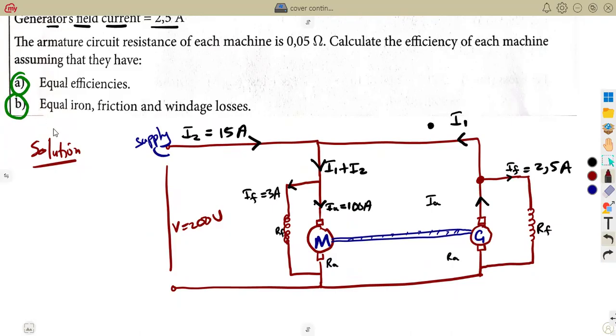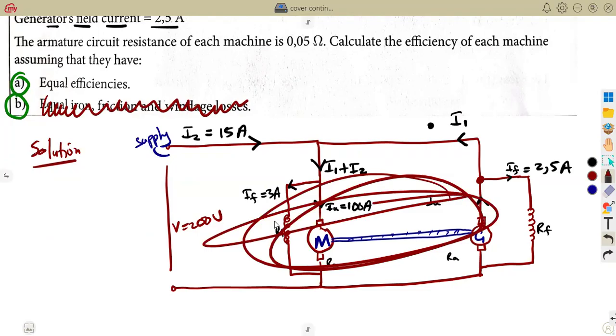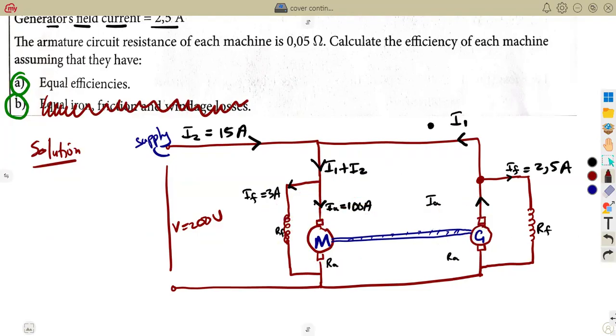All right. So when you're answering, let's say you are in an exam, guys, they will give you these questions and it depends on the information what exactly they want you to do in the calculations. Are you calculating for equal efficiencies or for equal iron, friction, and windage losses? For equal iron, friction, and windage losses, you need this diagram because you have to calculate a lot of values.